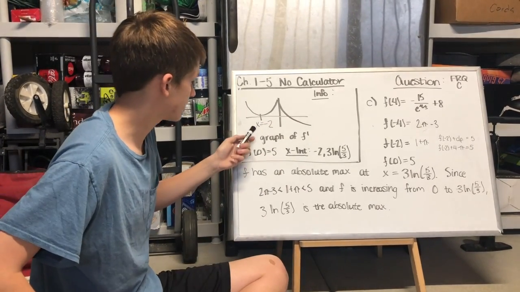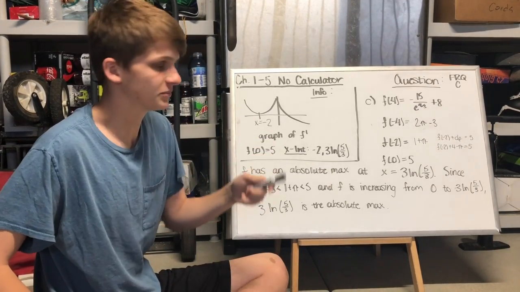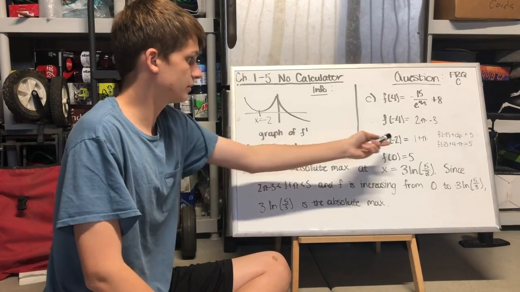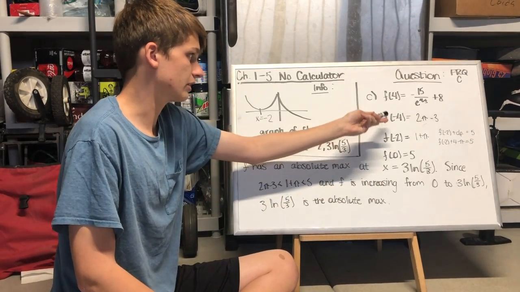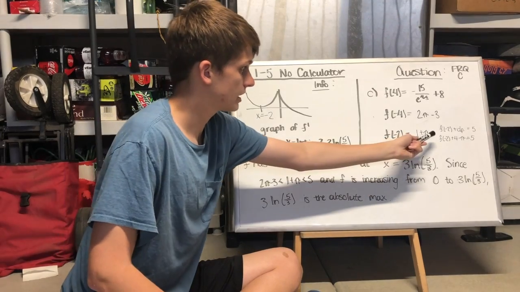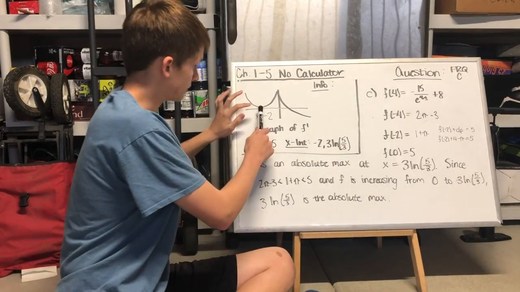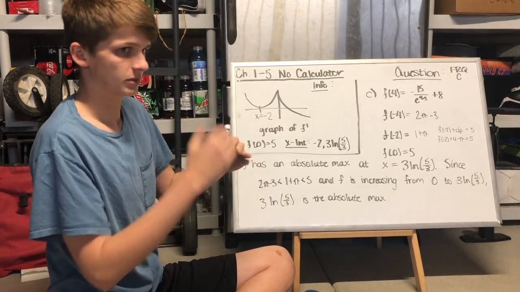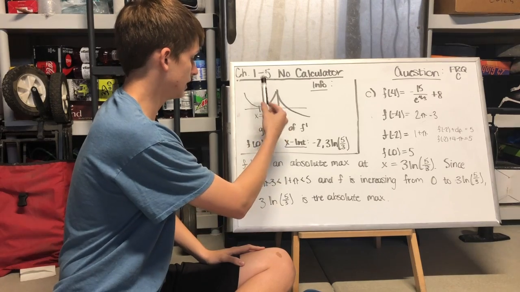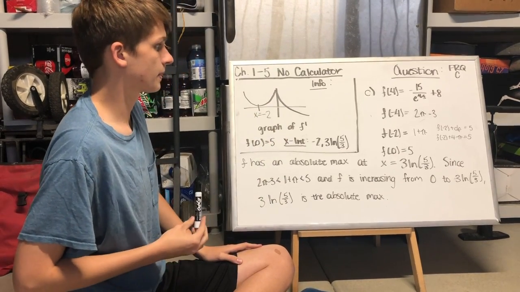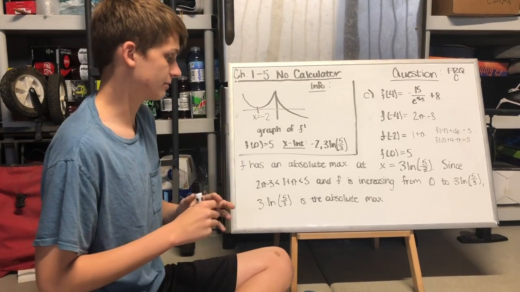So to check for x equals negative 2, we have to do f of negative 2. To find this, we can use the same method we used for f of negative 4, where f of negative 2 plus some displacement is equal to 5, since going from here to here requires some movement on the graph, and we know that when f of 0 occurs, the graph is at 5.